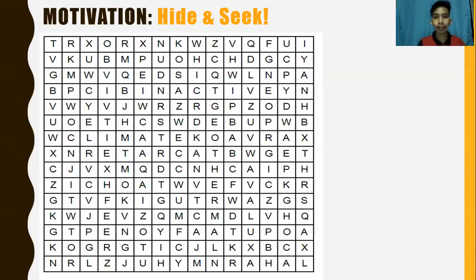Now, I have here an activity entitled Hide and Seek. There are several words related to our topic. You have to find them all. We have 10 mystery words in our puzzle. Find at least 5 words. You have to do this activity for 3 minutes. Go.